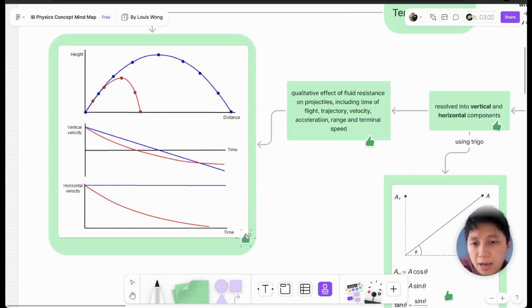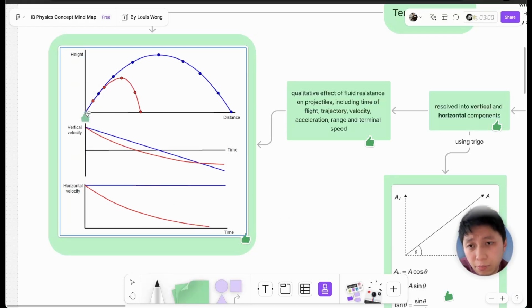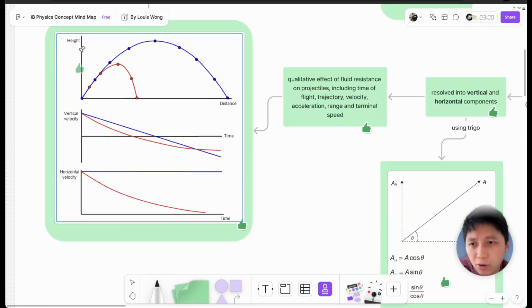This is a diagram which you may also find in my video or your textbook. The blue one is without air resistance, it goes further and is symmetrical, and the red one is with air resistance. So the highest point is lower, the range is shorter, and it is asymmetric. And you can also look at the velocity as well.